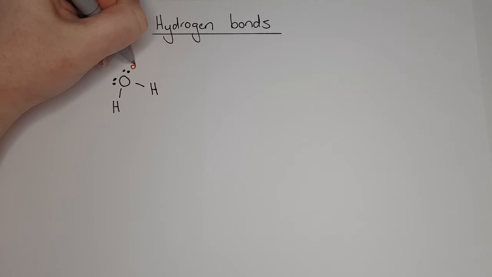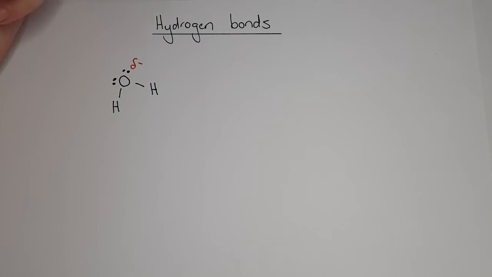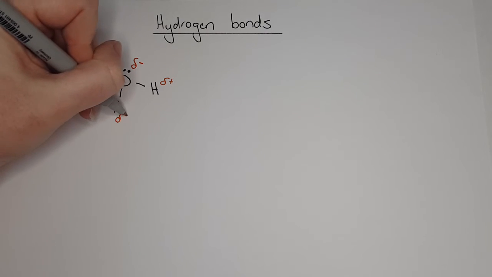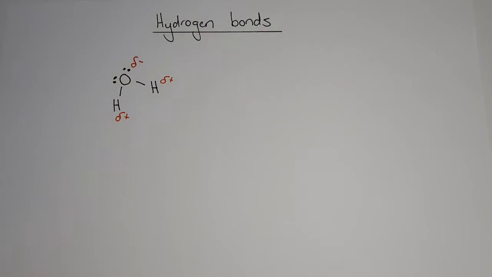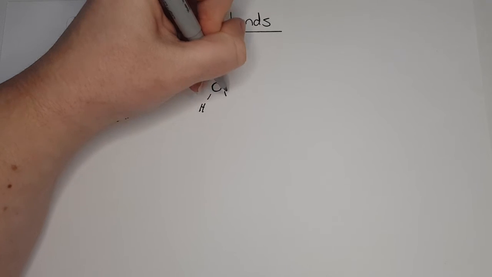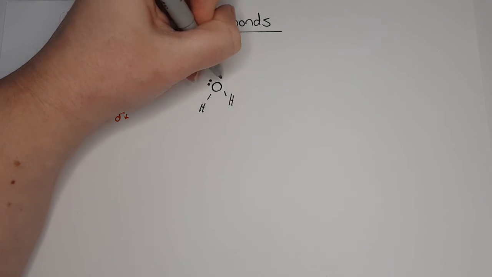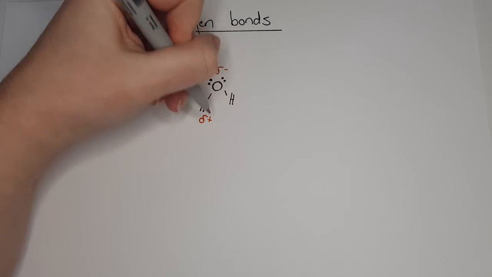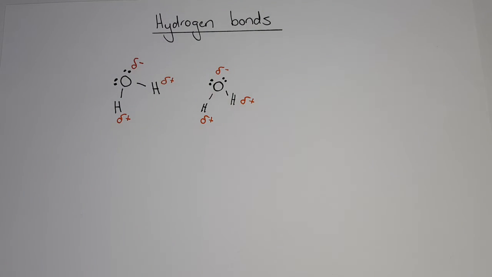And when it pulls them away, it takes a negative charge because it attracts electrons, which are negative, and it leaves the hydrogens with positive charges because they're lacking electrons. So when that is placed next to another one with the lone pairs, that one also has the oxygen with a negative charge and the hydrogens with positive charges.